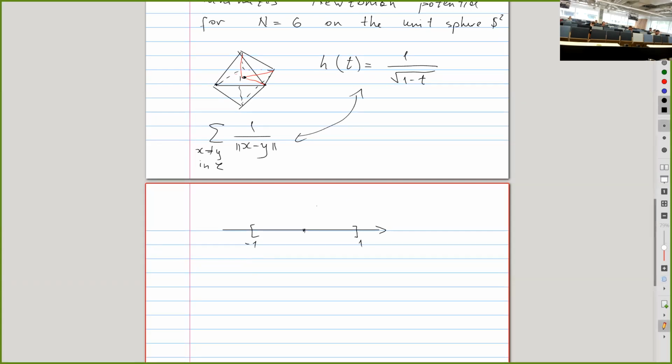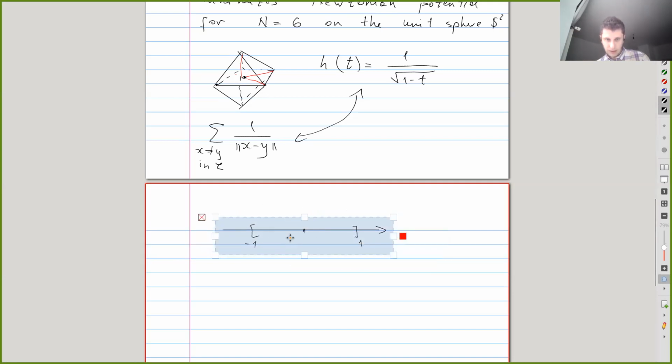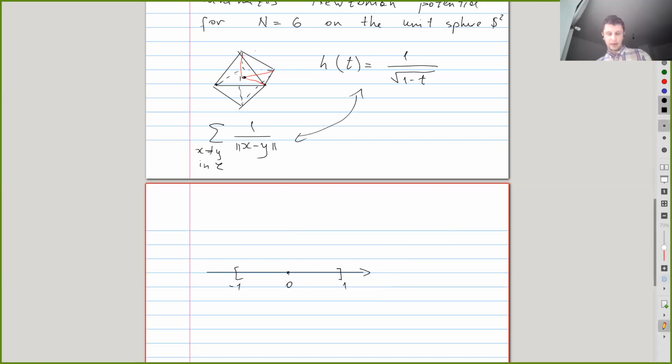So the only scalar products that we care about are 0, and -1, I should say, there are 2. So let me draw the thing for you.